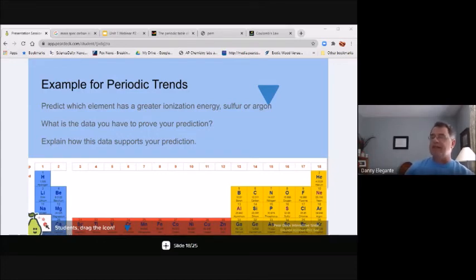So what is the data that we always use to prove this? Well, it's all about protons and electrons. So our data is going to be the electron configuration for sulfur and the electron configuration for argon. And let's go ahead and include in that the number of protons for sulfur and the number of protons for argon. So this is what the data looks like.